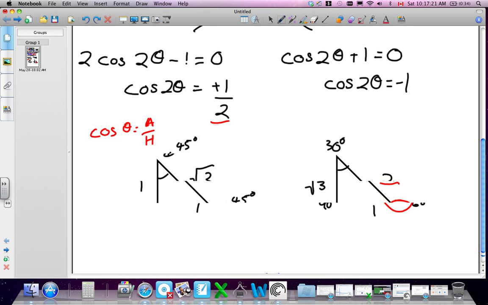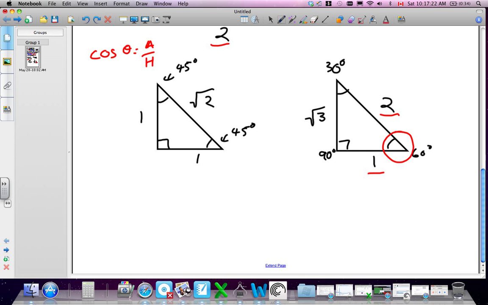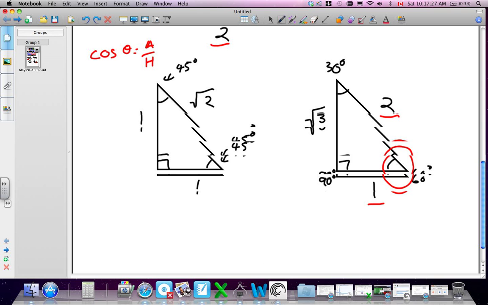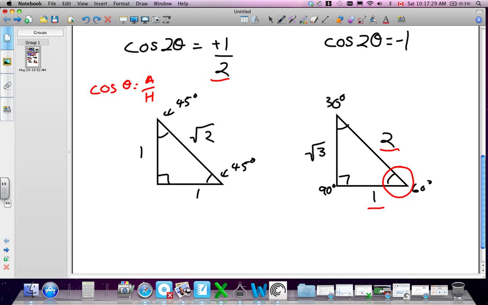Only thing is we're working in radians right now. So instead of being 60 and 30, our radians, if we remember, 180 is pi, and 2 pi is 360. So we'll just write a little note on the side here. 360 is 2 pi. That means 90 degrees will be pi over 2.